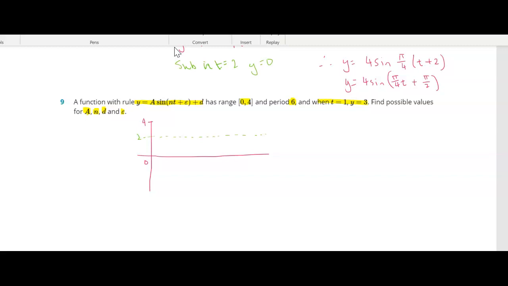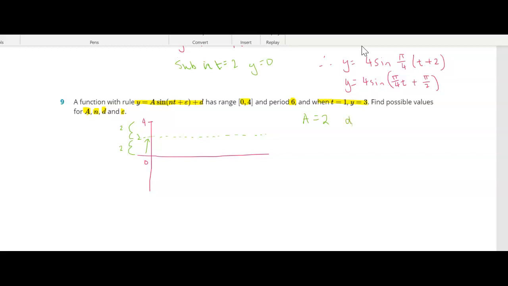So that means my amplitude is 2, okay? So it's the difference from that halfway point. So it's 2, so your value of a is equal to 2. And you can see we've also been shifted up by 2. So that x-axis has been shifted up by 2.